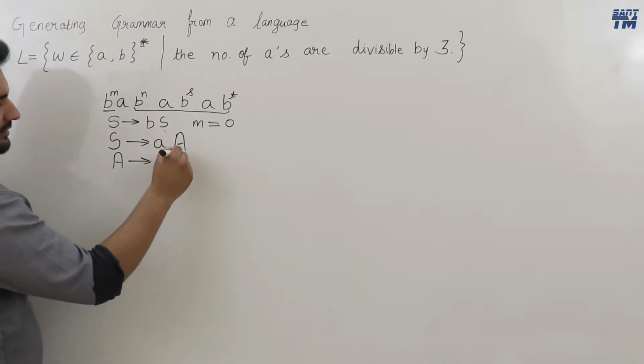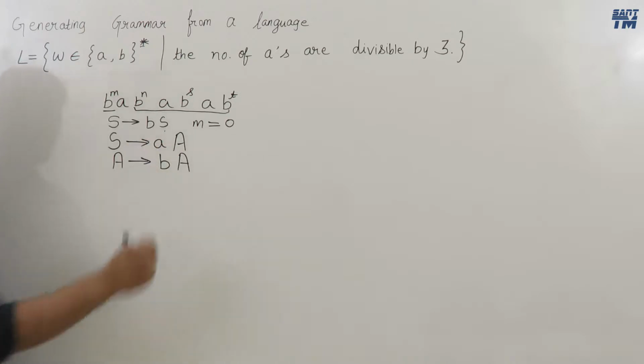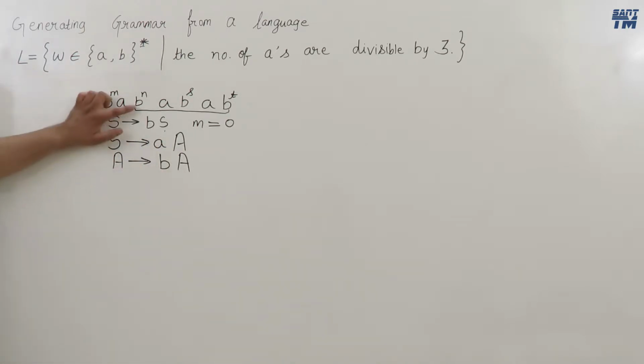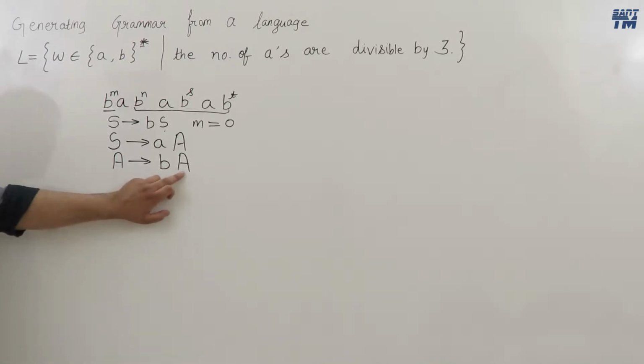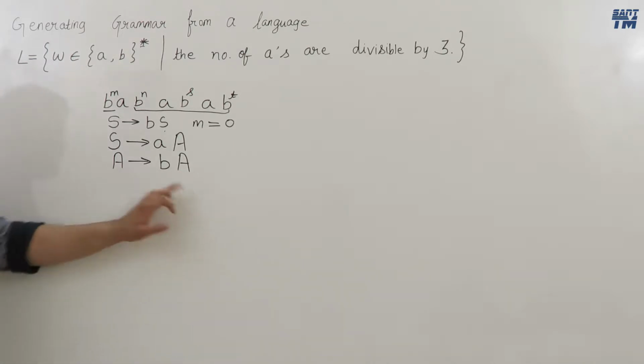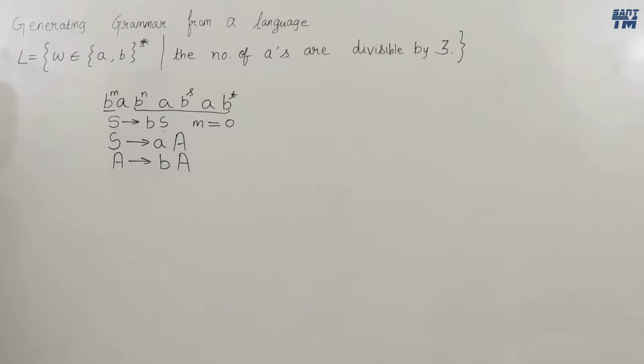Now what is left out is that we can again substitute any number of B's, because it is b^n. A can be substituted recursively with BA, and any number of B's can be substituted.